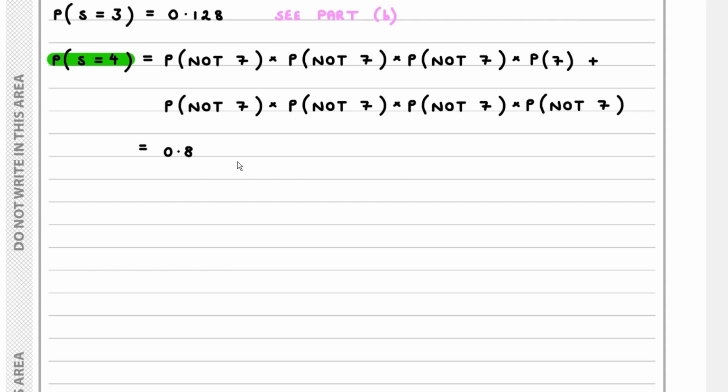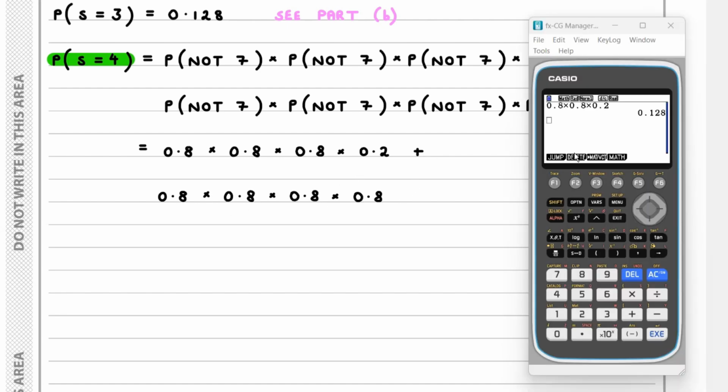So we have 0.8 times 0.8 times 0.8 times 0.2 plus 0.8 times 0.8 times 0.8 times 0.8. So let's work this out. We have 0.8 to the power of 3 multiplied by 0.2 plus 0.8 to the power of 4, and that's equal to 0.512.